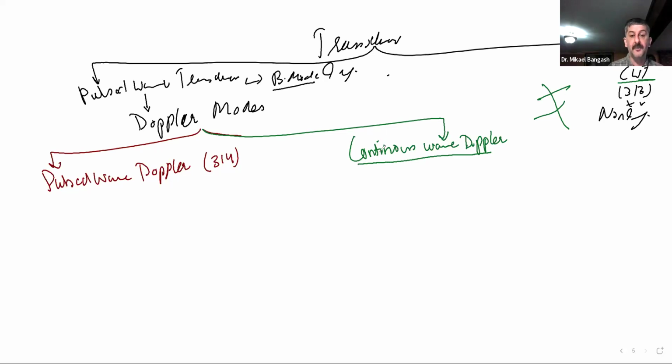Continuous wave Doppler is not the same as the continuous wave transducer, because that was a completely separate transducer. By using a traditional pulsed wave transducer, there are two types of Doppler modes that we can use. One is what we call pulsed wave Doppler. The other Doppler mode is continuous wave Doppler.